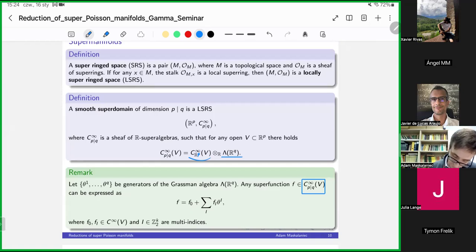And from now on, I will denote by I a multi-index, namely an element of Z_2^k.